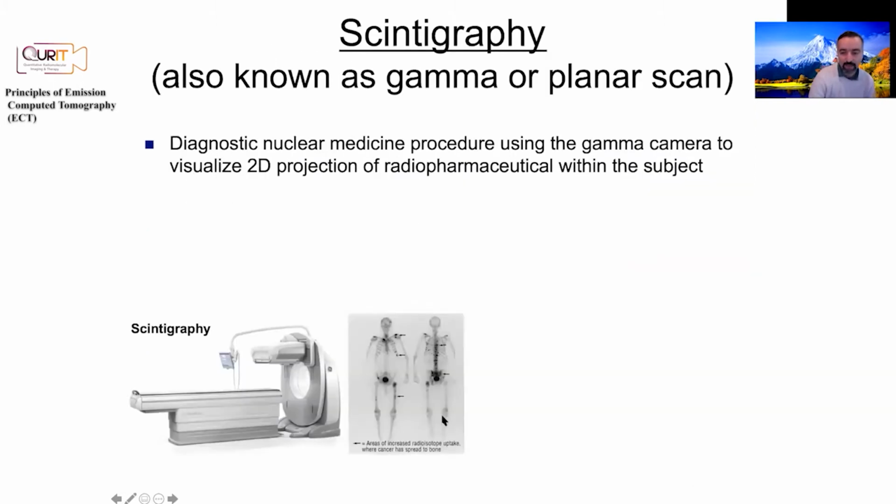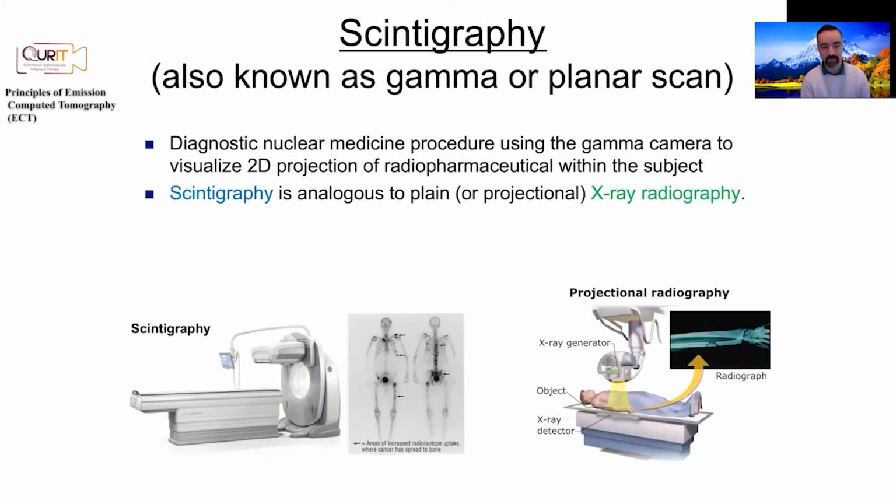And in a previous talk, we sort of alluded to this, right? So when you're doing scintigraphy or planar or gamma imaging or gamma scan, for example, in nuclear medicine, what you're doing is you're just doing a planar imaging of the source coming from inside of the body. The patient has been injected with a radiopharmaceutical, and the source, which in this case are gamma rays, are coming from inside the body.